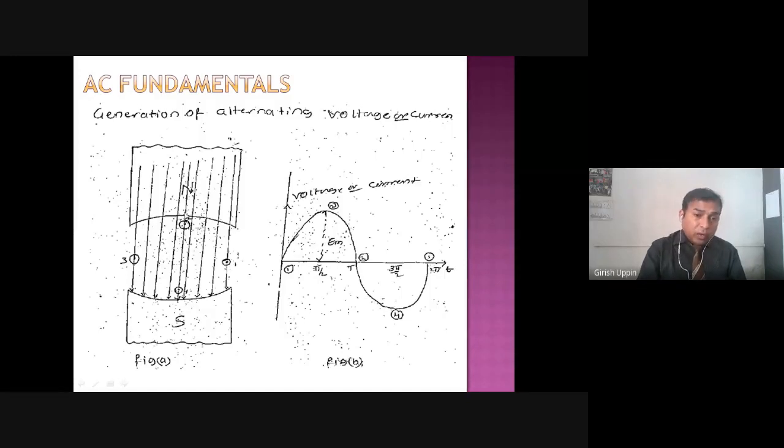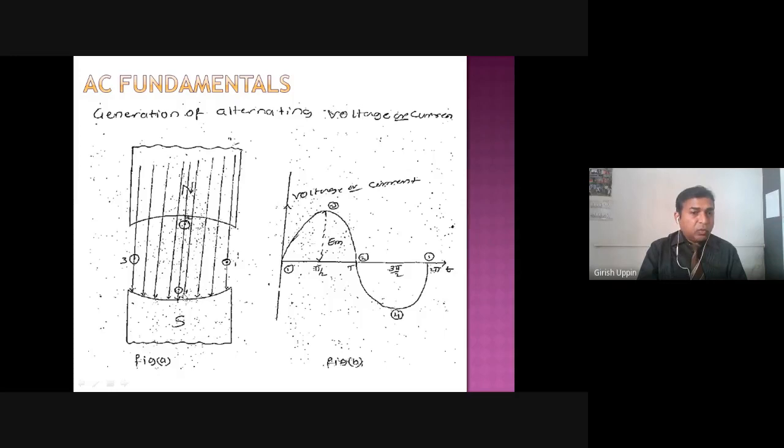One rotation of the conductor produces one cycle of the alternating voltage or current. At position number 1 on the cycle, it represents 0, and under the north pole it represents pi by 2. When it comes to position number 3, that represents the angle pi.